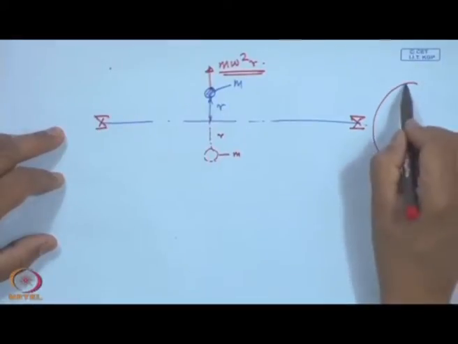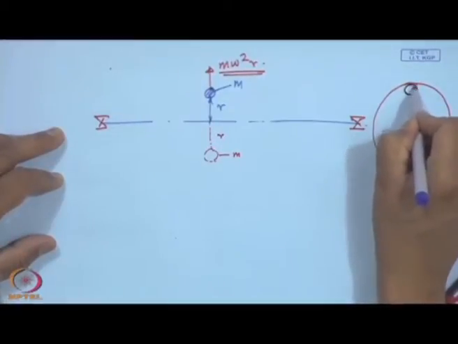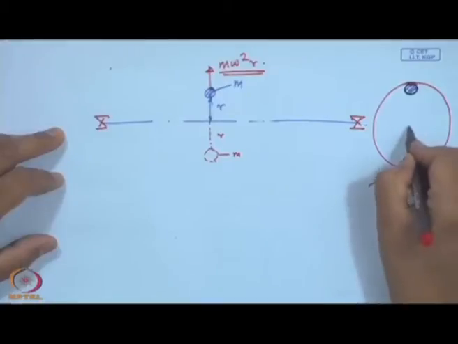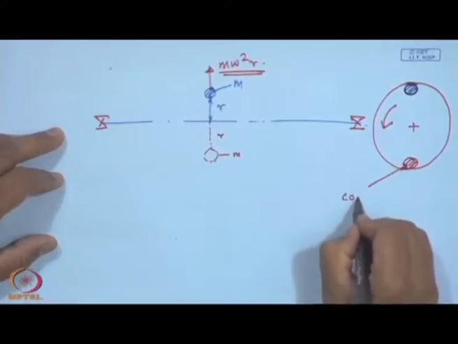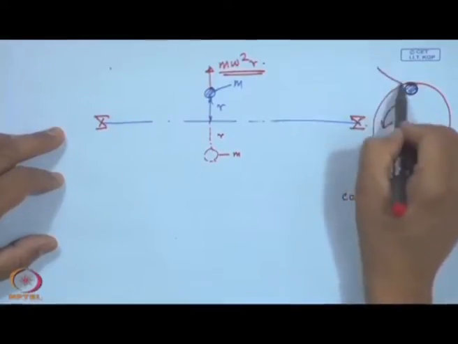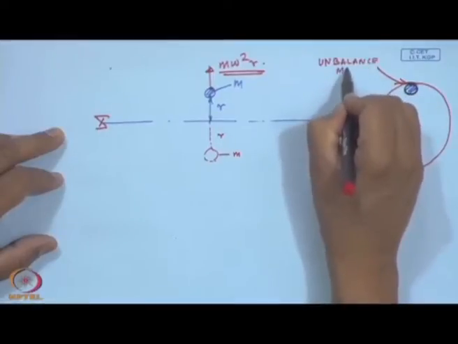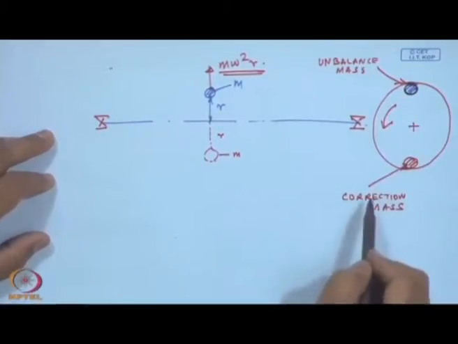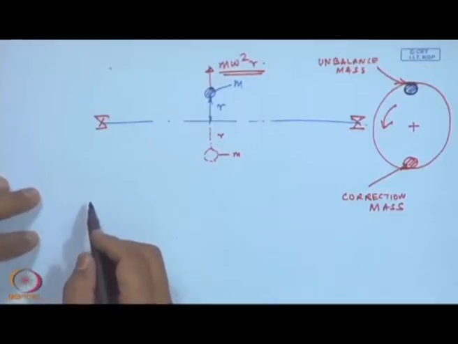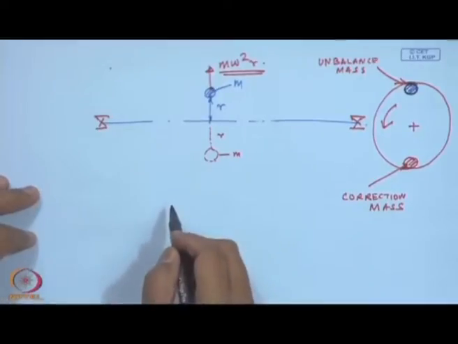If I have an unbalanced mass here, I can give a correction mass here. Then I can reduce these forces, the net forces. And another problem is, we can also predict the amplitudes of the vibration caused by such rotor imbalance.